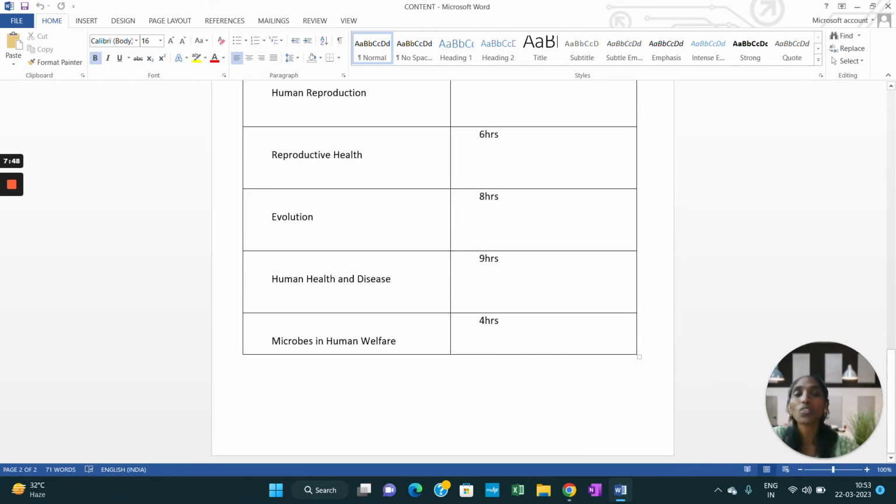And microbes in human welfare. This topic carries 4 hours. It's very important in the production level because microbes, enzymes, lipase enzymes, cyclosporin, these are very useful to human beings. So most of the enzymes and bioactive molecules are produced in the laboratory. That information we are going to discuss in this lesson only.